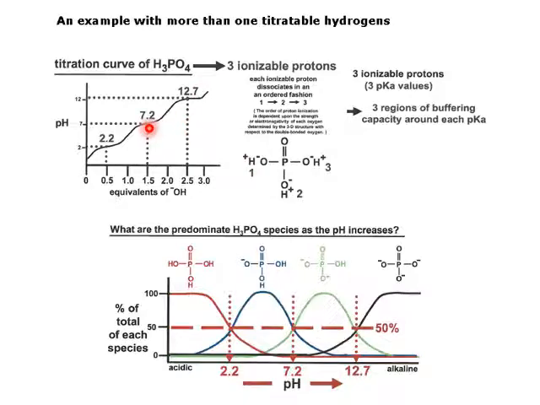So each has its own buffering capacity, and once you take the first one off, which can dissociate quite readily, the second one's a little more difficult to completely remove. The third one's a lot more difficult, and that's because as you start titrating protons from phosphoric acid, you're putting negative charge on the resulting species of the conjugate base.